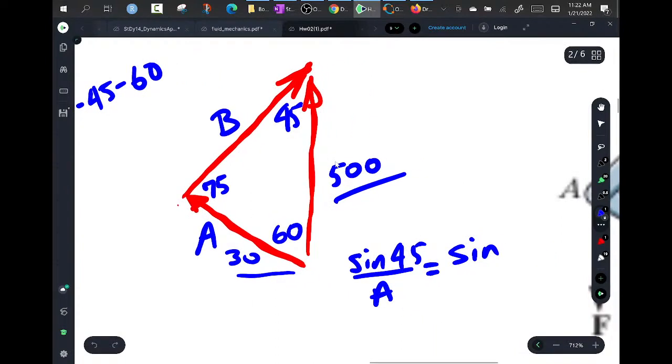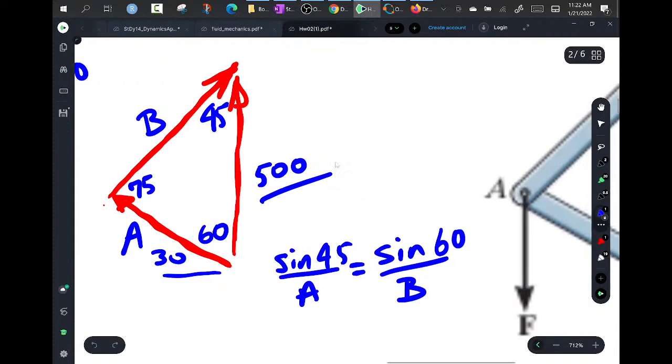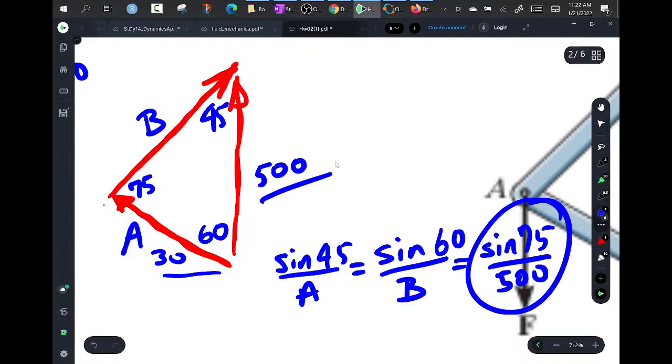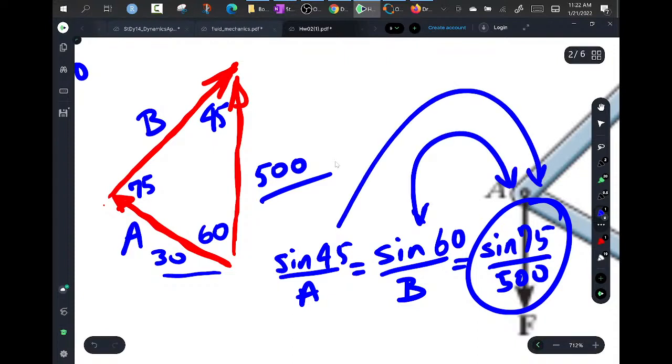Pick a length, 60 over B, they're opposing. And then you got the one you do know, 75 over 500. That's all you need. This will give you a ratio, a number, and then you can do these two, you'll get B, and you do these two together, and you get A, and boom, you're done.